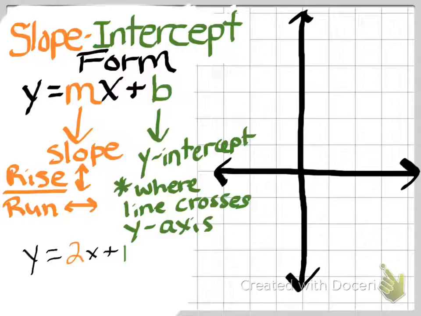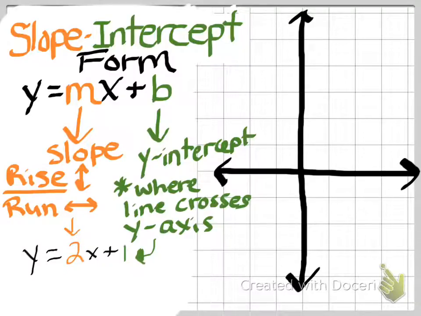Okay, so our y-intercept is the 1. It is the constant, or the number that is by itself. And our slope is 2. The slope is 2 because that's the number that's in front of the x.